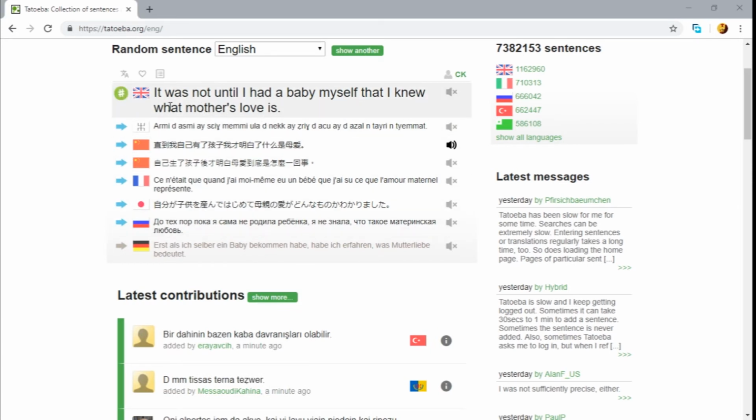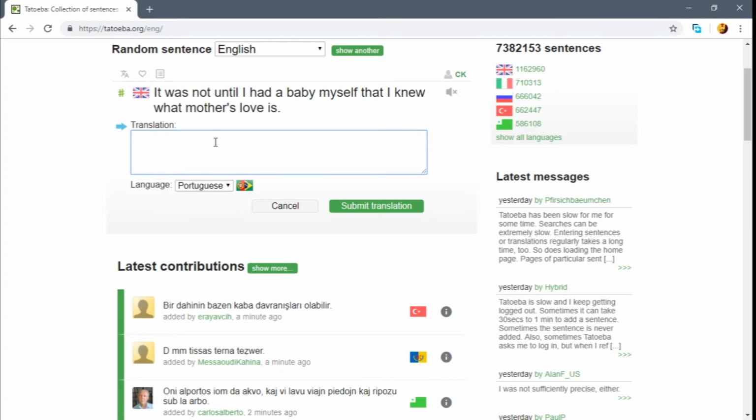It was not until I had a baby myself that I knew what mother's love is. Let's try to translate this. It was not, eu tenho bebê eu mesma. I assume that is a woman.